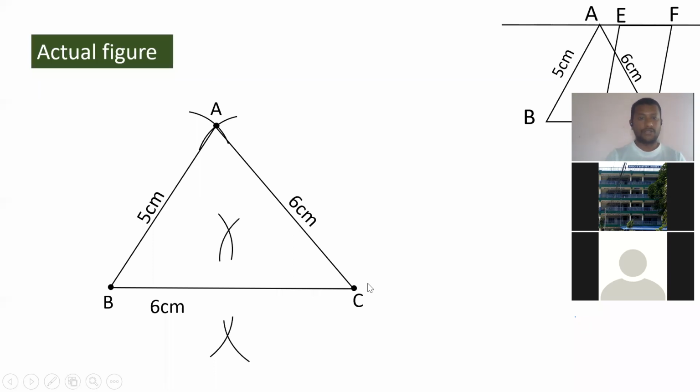Keeping the tip of your compass at C, take two arcs like this. Then mark a point on those two arcs and draw a line.